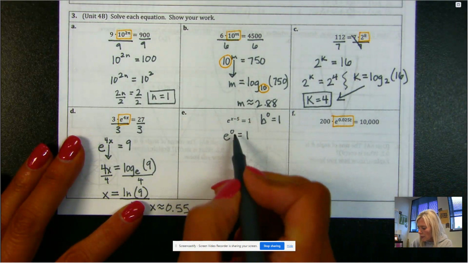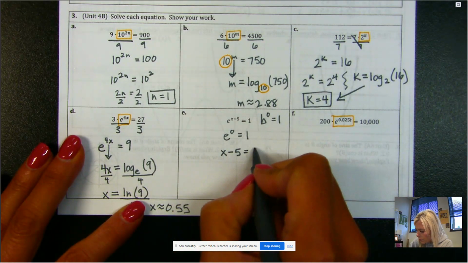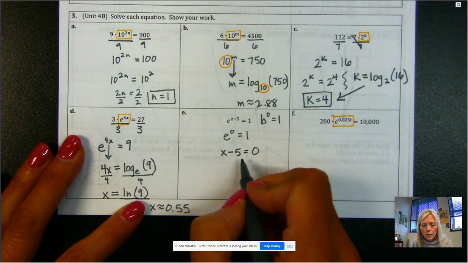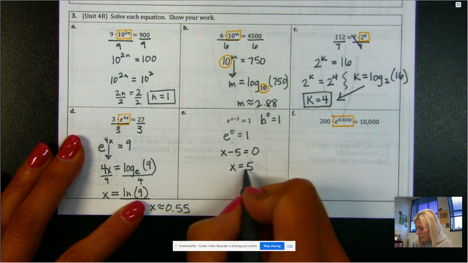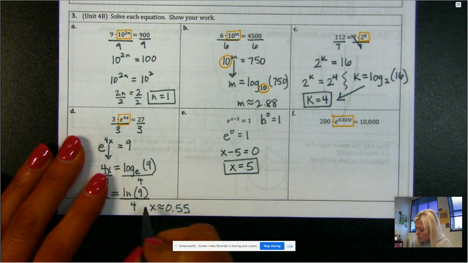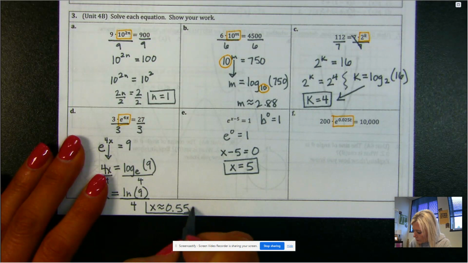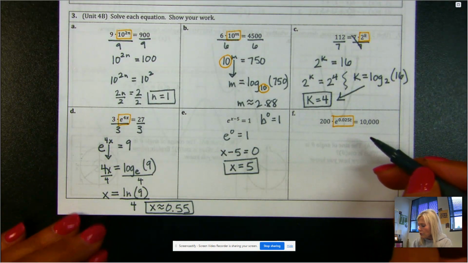Therefore, x minus 5 has to equal 0. So add the 5 over and you get x equals 5. Oh, I should have boxed this one. There we go. Okay, the last one on this page.